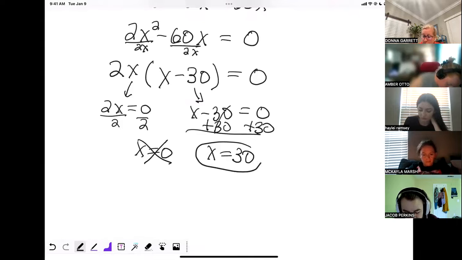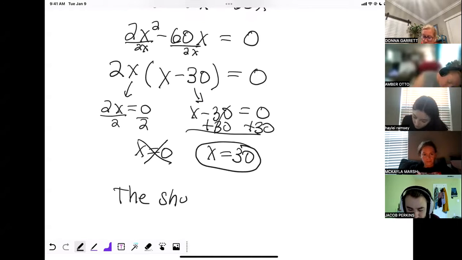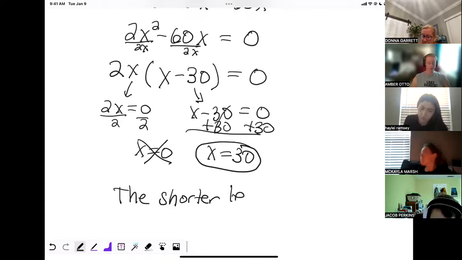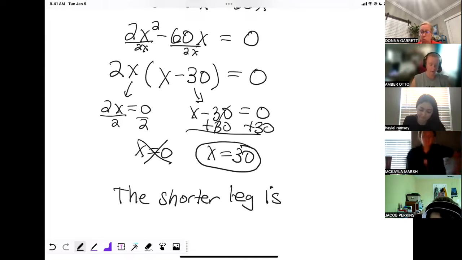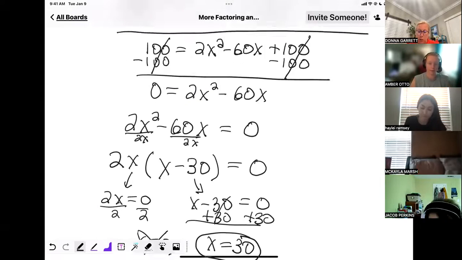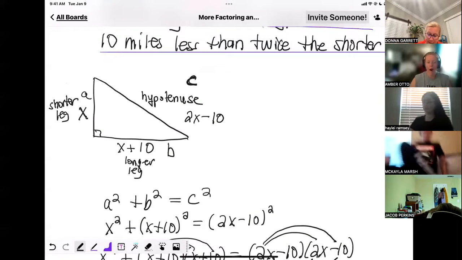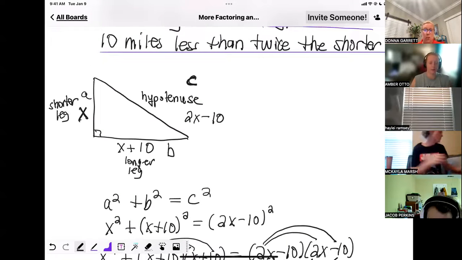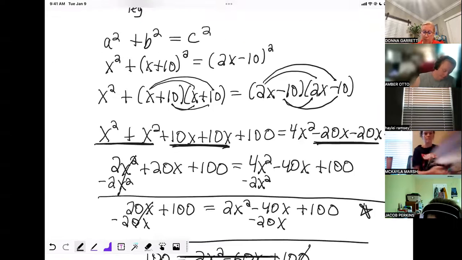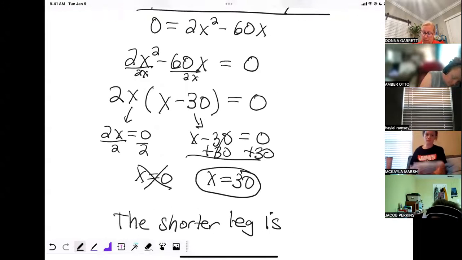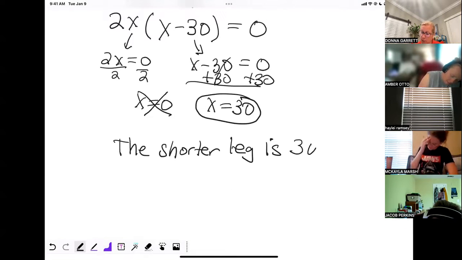So x is 30. Now they wanted to know what the shorter leg was. Just to remind you where we are, go back to your picture and you'll see that the shorter leg is x. So my shorter leg is 30 miles, because they gave us miles, 30 miles.